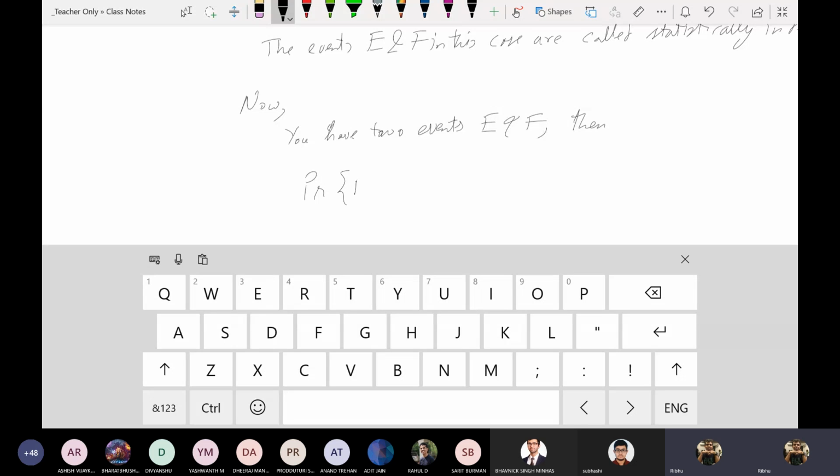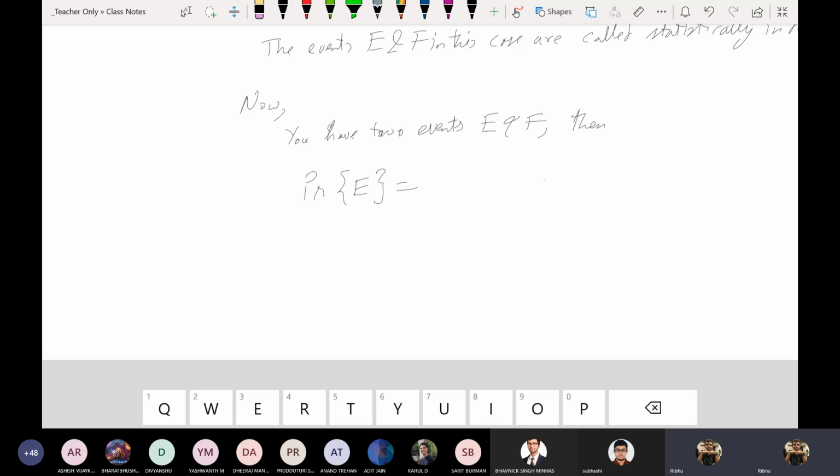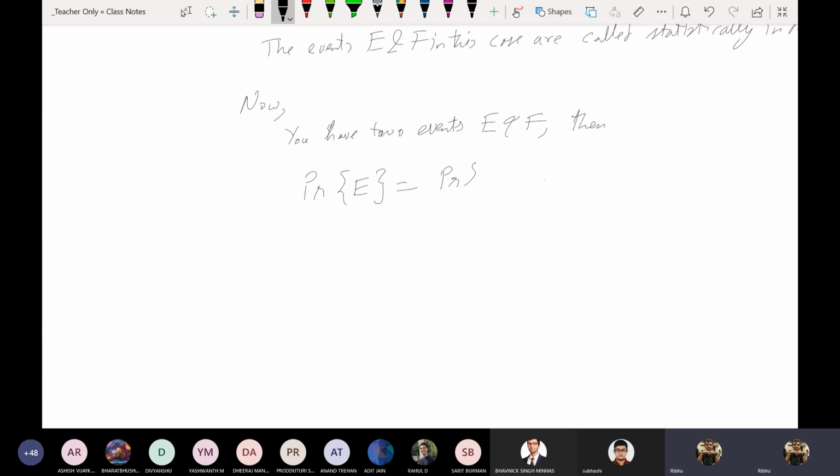Probability of E equals probability of E happens and F happens, plus probability that E happens and F doesn't happen. Right?